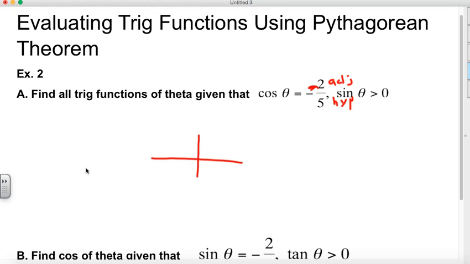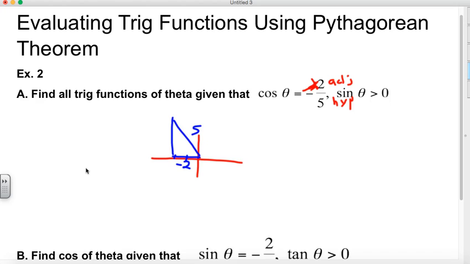Here's our x-axis. Cosine is x, so we go out in this direction, 1, 2. So that's -2, because cosine is the x-coordinate. And then 5 is the hypotenuse, so we draw our hypotenuse out here at 5.